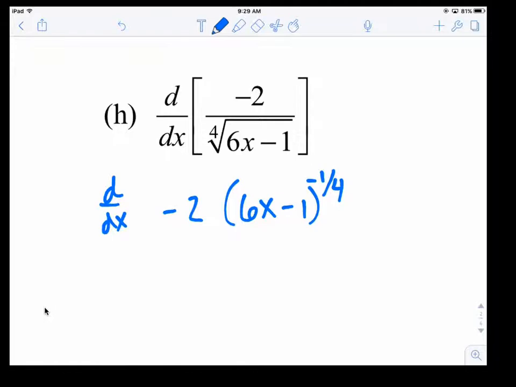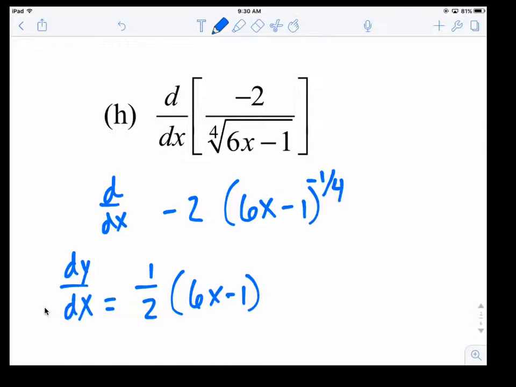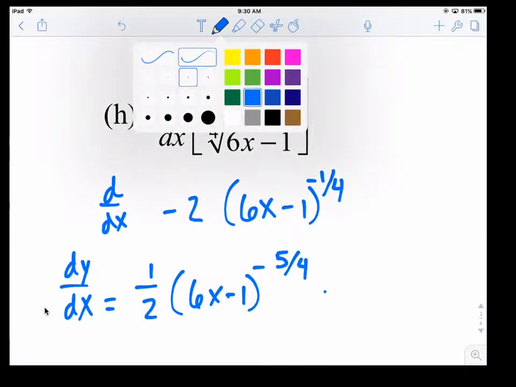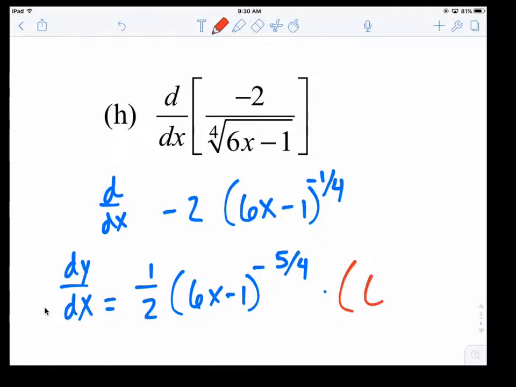All right, so again, work your way outside in. So when I take the derivative now, I have -2 times -1/4 would be 1/2 times 6x minus 1 to the -5/4 times the derivative of the inside, which would be 6.